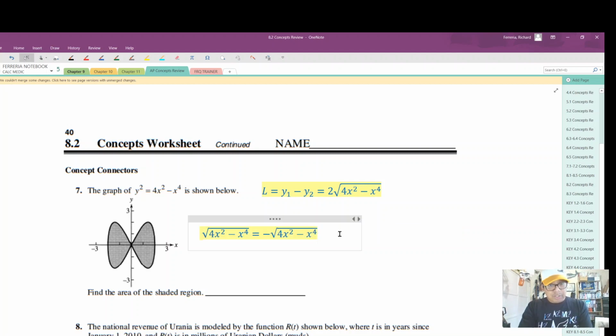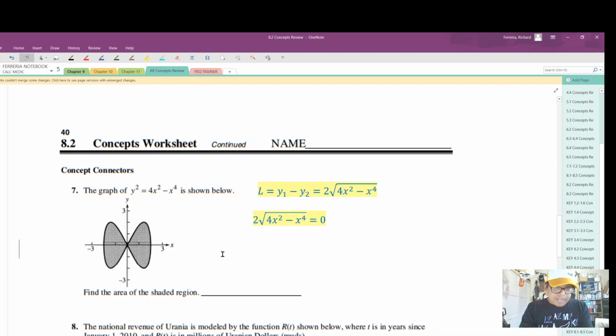I know it's really tempting to square both sides right now, but I think the smarter plan here is to move everything to the left side of the equality. So imagine adding the two roots together. That's going to give you that 2 of those roots are equal to 0. Divide by 2 and you get the square root of 4x squared minus x to the 4th equals 0. Take a look at that. The only way for a square root to actually equal 0 is if the radicand, the thing that's inside the square root, is equal to 0.